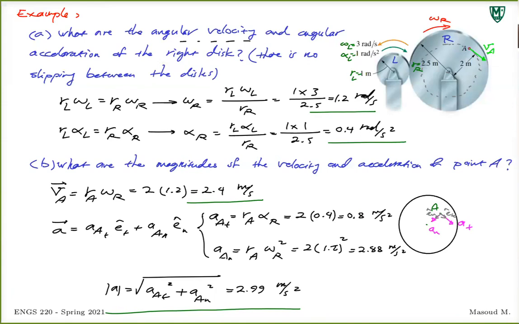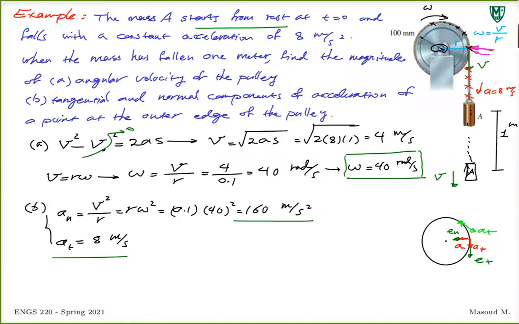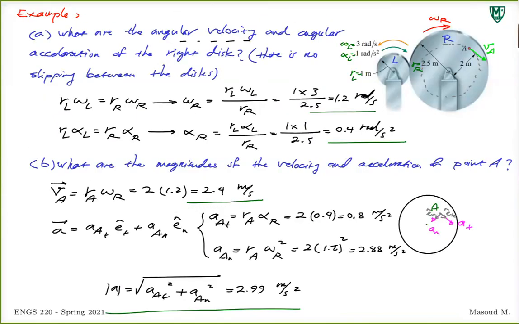So one more example, and I just want to emphasize that the object rotating about a fixed axis does not have to be a disk, right? In both cases here, we looked at a pulley. In the second example, we looked at two disks rotating. There's a point of contact here with the same velocity at this point.